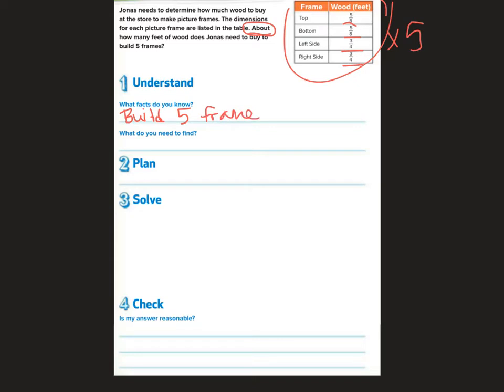And I know the dimensions, which is how long is each side. So I'm just going to draw an arrow. All right, that's what we know. Top, bottom, left, and right side. What do I need to know? How many feet of wood does he need to buy?